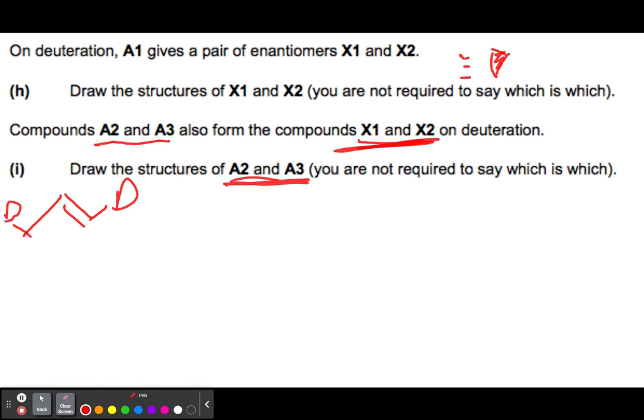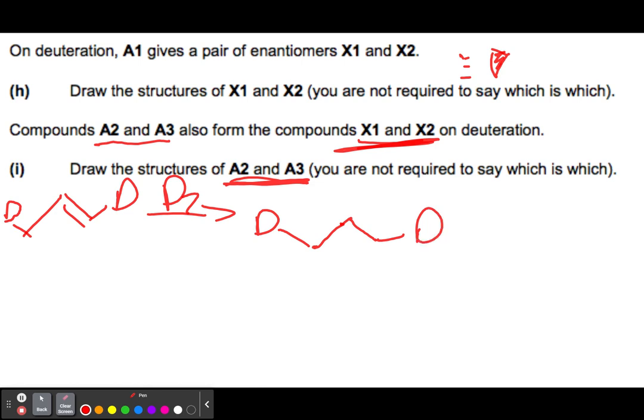This is quite badly drawn, but if you deuterate it, you can only add across the double bond, because we're not replacing hydrogens, we're just adding.